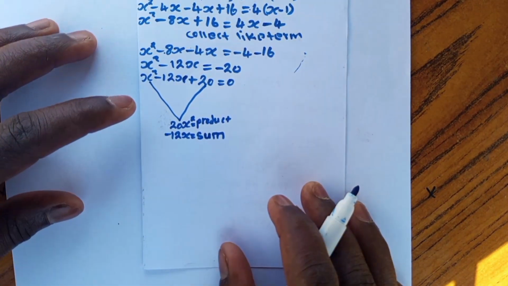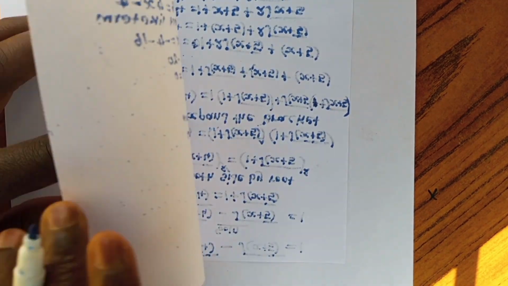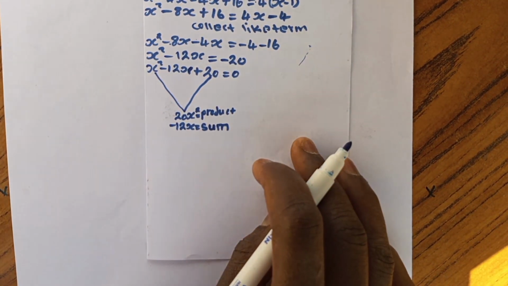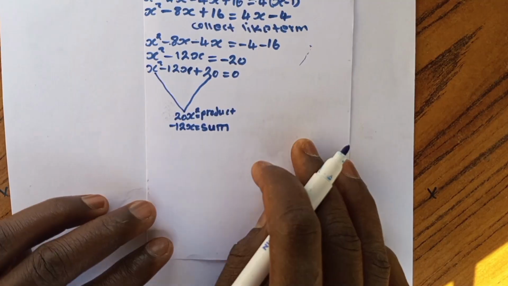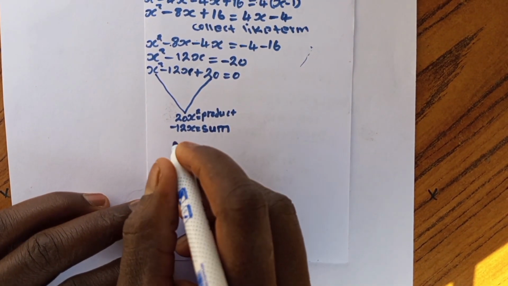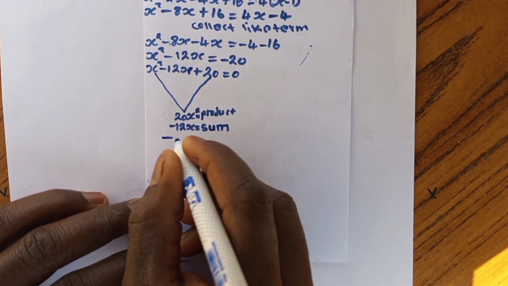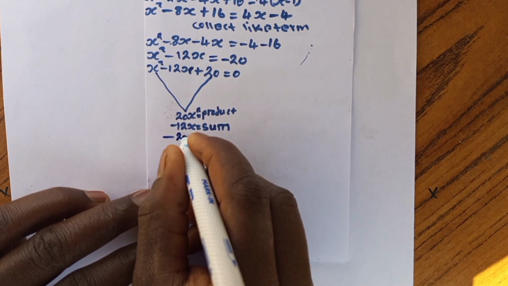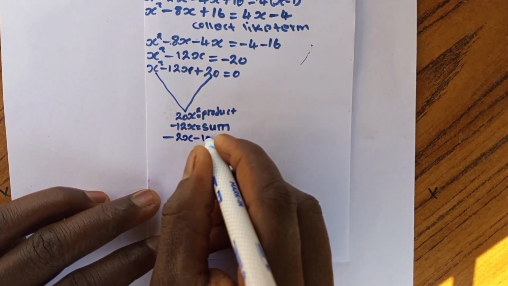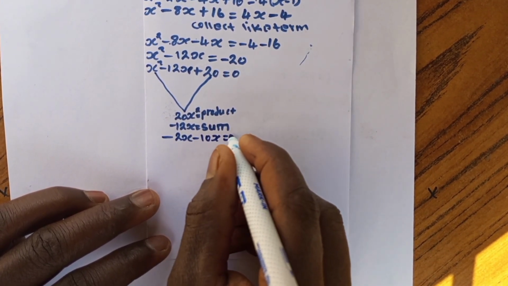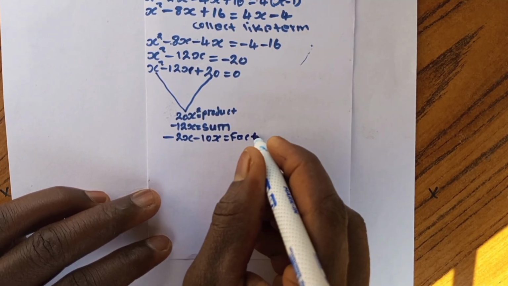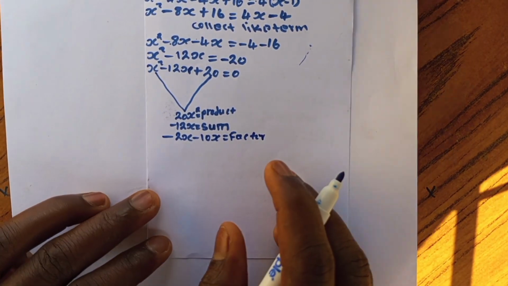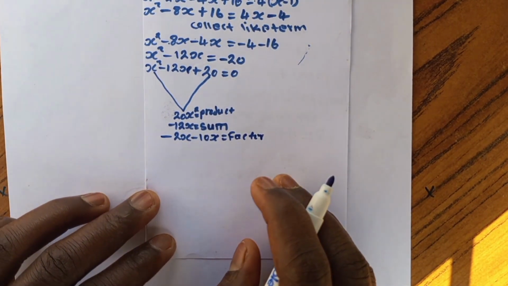So we continue. Minus 2x minus 10x is our factors.